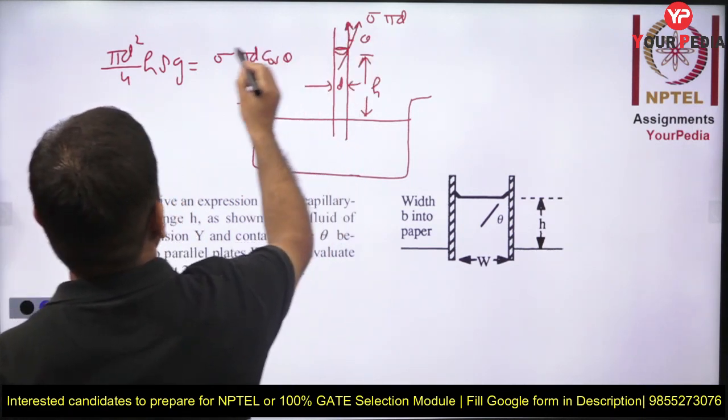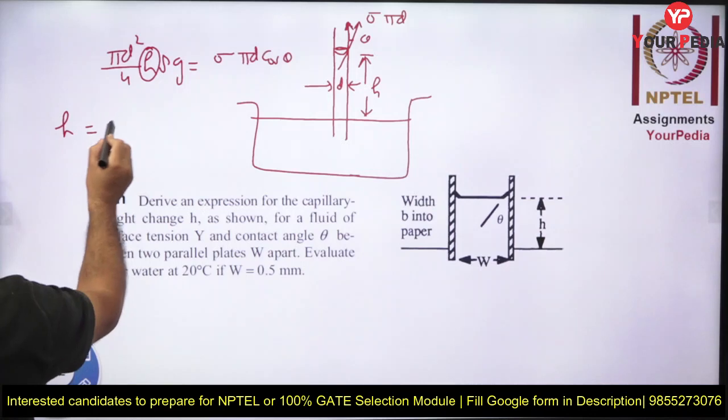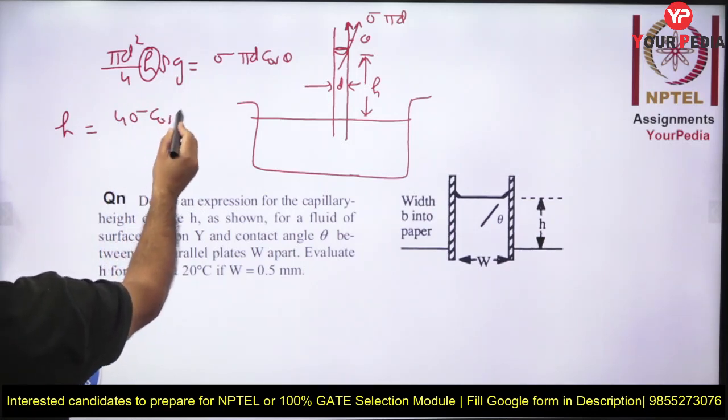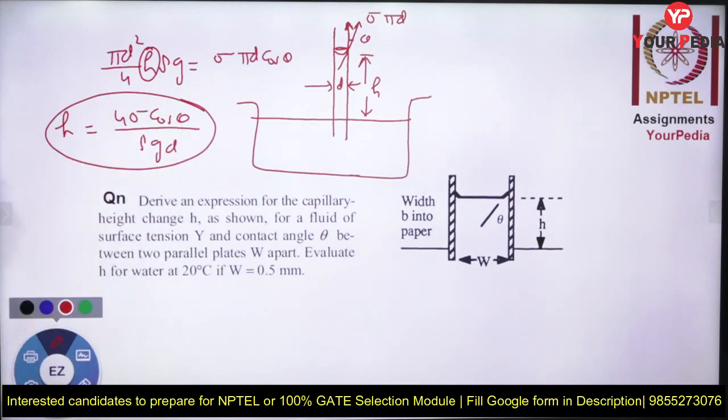So from there you used to find the value of h, which is 4 sigma cos theta over rho g d. I hope you remember this value of rise in height for a capillary of diameter d.